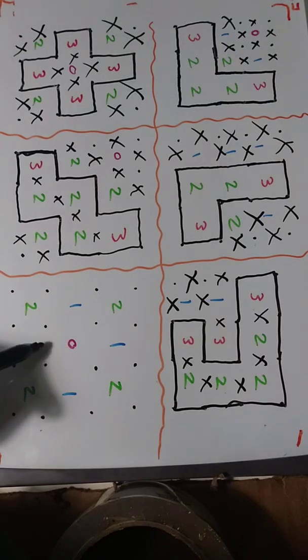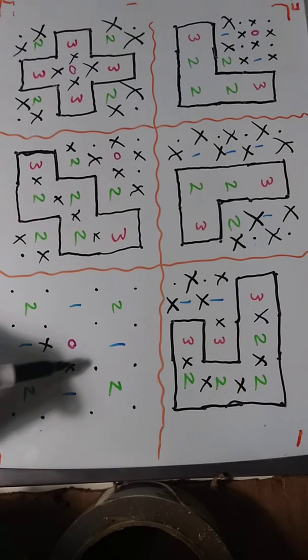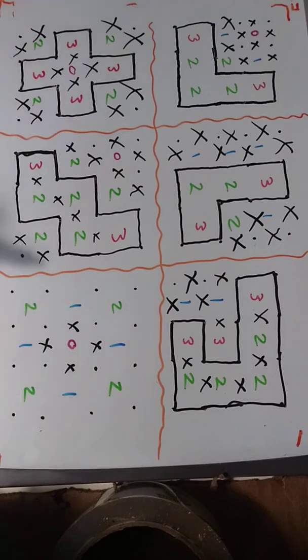So none around the 0, no lines connecting the dots around the 0. Each of these squares have only 1. And 2. So 2 for a corner.